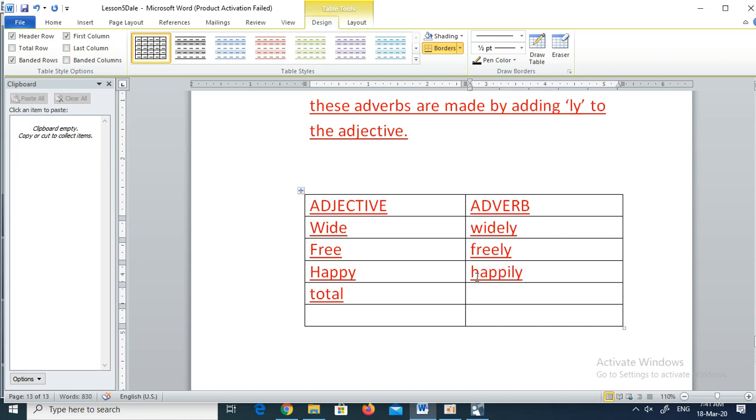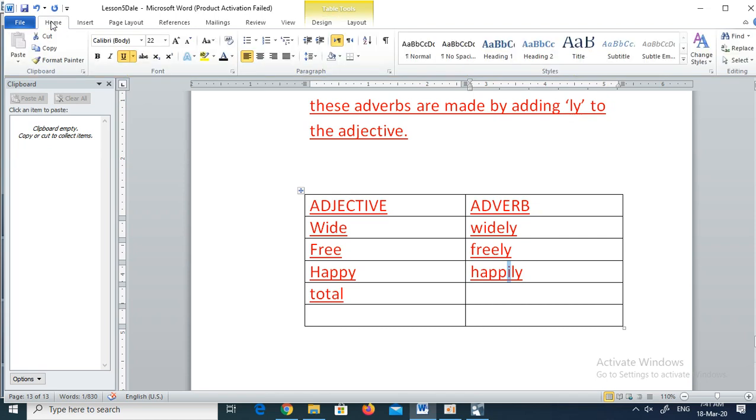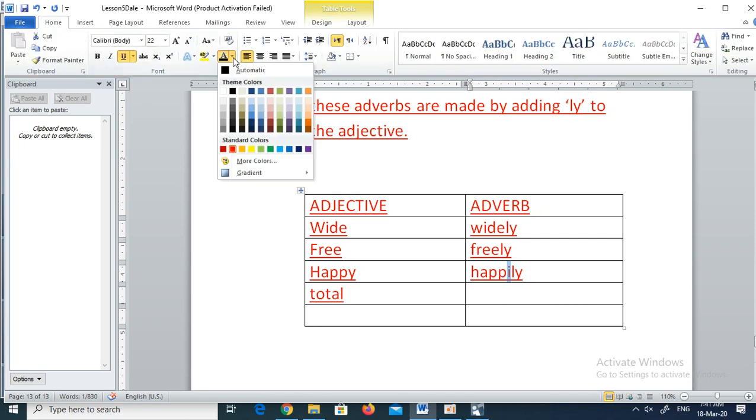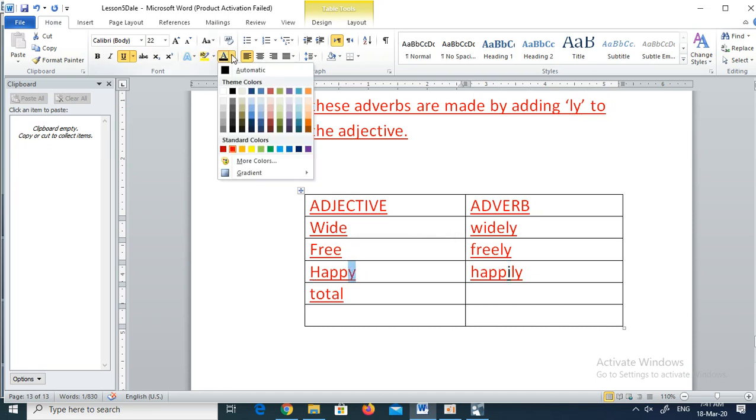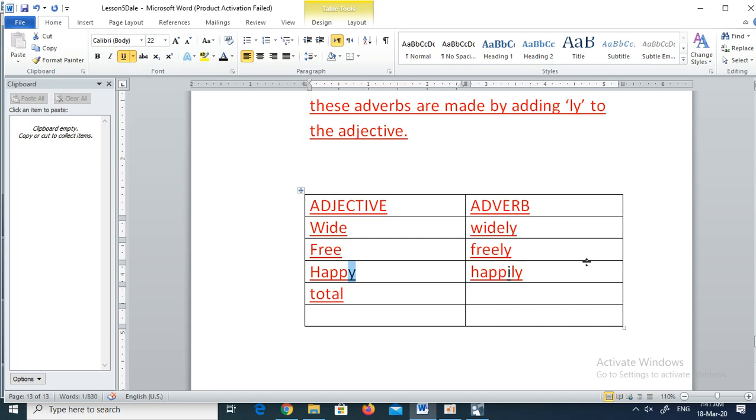happily, and notice please that the y at the end of happy drops and it becomes an i, and then you have ily, but the suffix itself still remains ly.